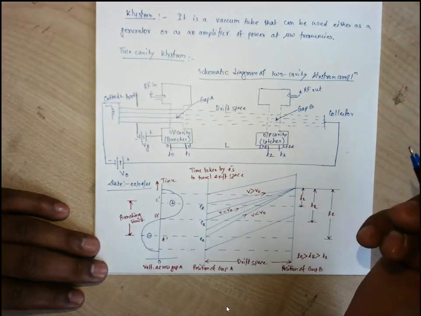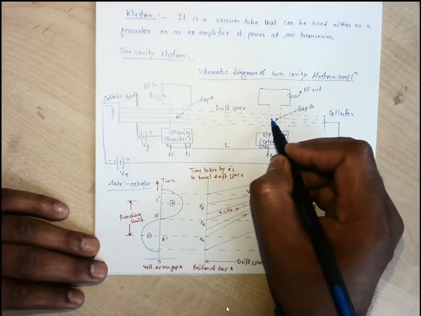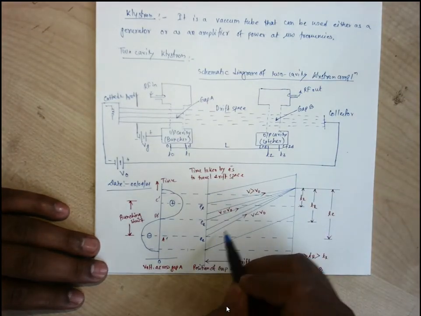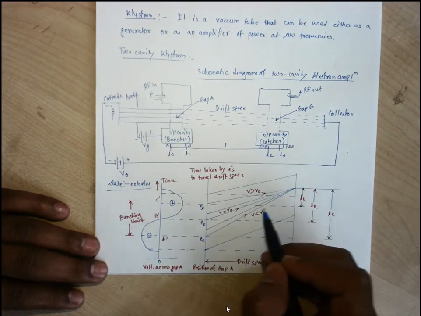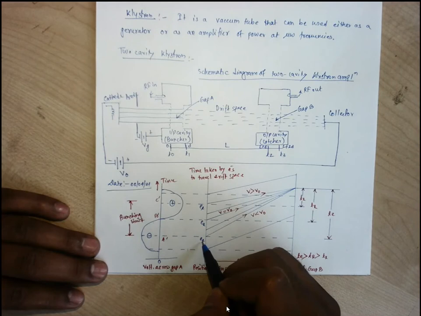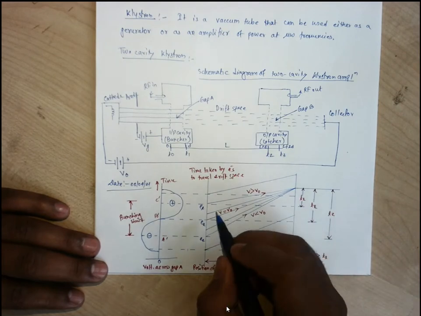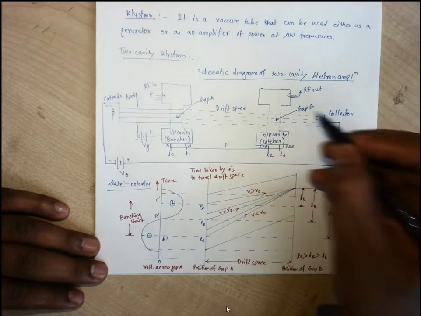That meeting will create a bunch, and that bunch appears at gap B. The early electron moves with lower velocity, the reference electron moves with nominal velocity, and the late electron moves with the highest velocity. All of them reach that point at the same time, forming a bunch. That is how the bunches are formed.